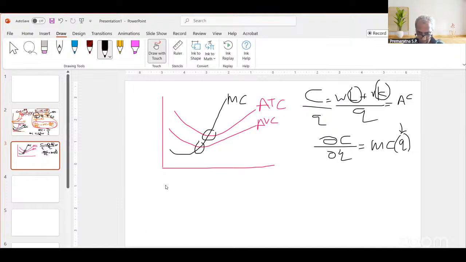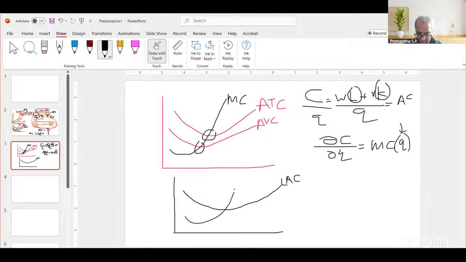Now, in the long run, to visualize the cost curves, we have a little U-shaped, little flatter average cost curve, and the marginal cost curve is also U-shaped in the long run.